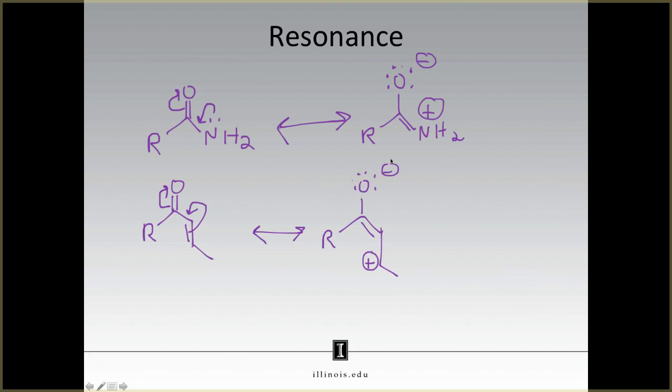As a result, after averaging these structures, the carbonyl in a conjugated carbonyl molecule is weaker than most other carbonyls. As a result, it shows up at a lower wave number.